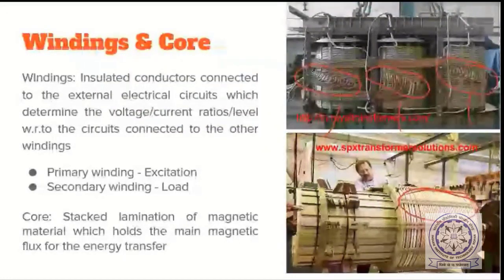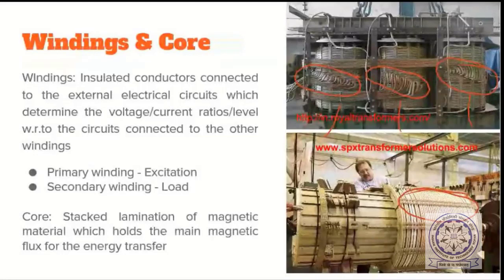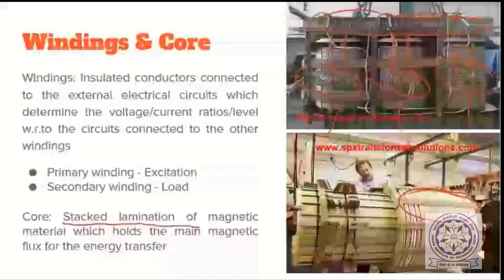And these windings are put on what is known as the core. This structure inside the windings is called the transformer core. It is stacked lamination of magnetic material which holds the main magnetic flux for the energy transfer.